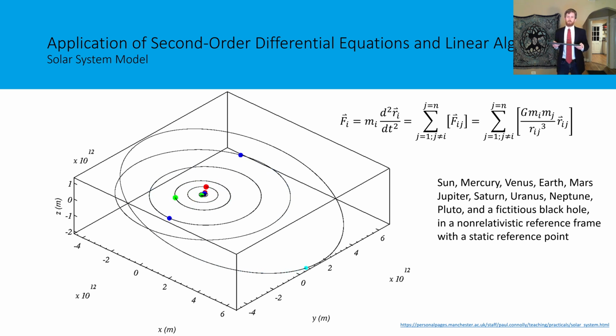And so we can transition this system of second order differential equations in the x, y, and z directions for many celestial bodies into a larger system of first order differential equations. That's all for now, I think, on this though.